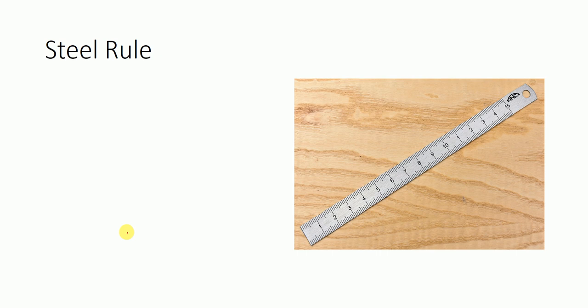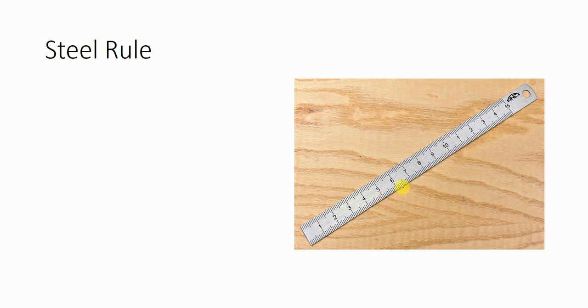First of all, we will study the steel rule. Here in this picture we can see the steel rule. This is simply a metallic strip. On this metallic strip, over the surface, a scale is graduated. This graduated scale will be either in millimeter or inches.